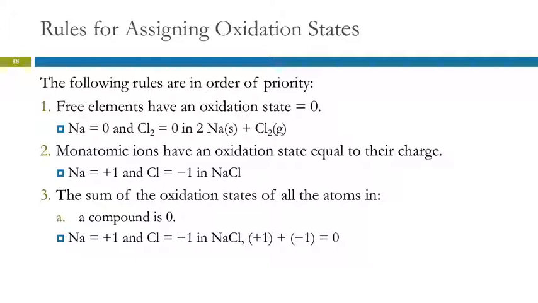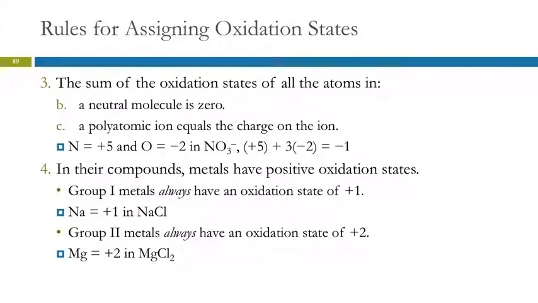In a compound, we've learned that the ion charges have to add up to 0, right? So in sodium chloride, we predict the formula by looking at the charges on the ions, +1, -1. We just need one of each, so the charges add up to 0. Oxidation states will also add up to 0 for a compound. Any neutral molecule, the oxidation states will add up to 0.